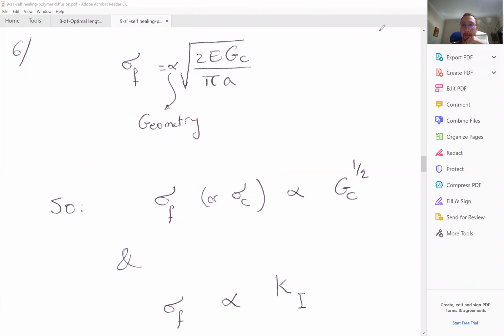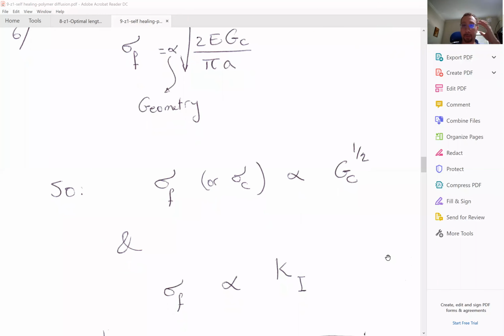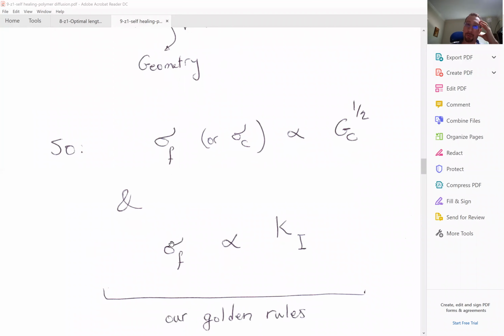And also from the equation that was on page 4, G_F or G_C is also proportional to K1. And I have to fix that. This is K1C, okay? And so these are our golden rules.